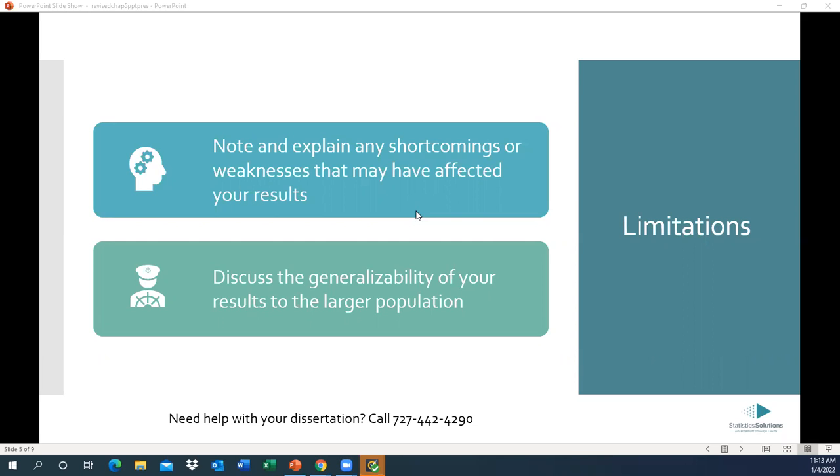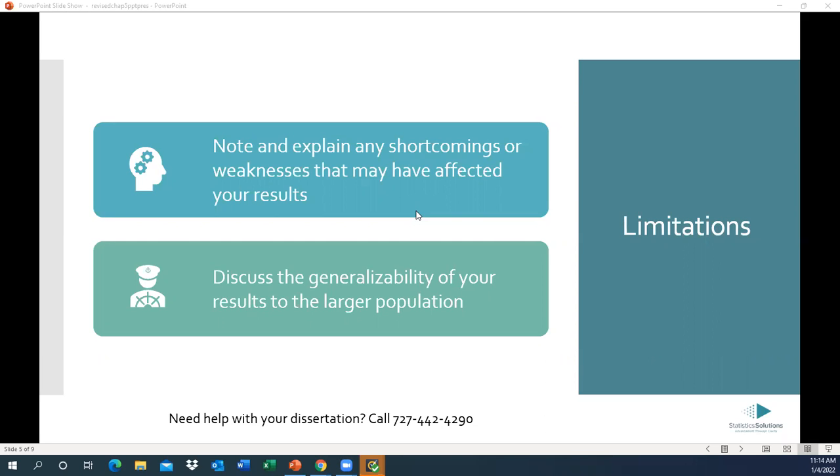Sometimes with COVID, we're still dealing with that, it throws a wrench in the gears of getting participants or getting access to certain things. So anything that may have affected your results, you want to mention in the limitation section.